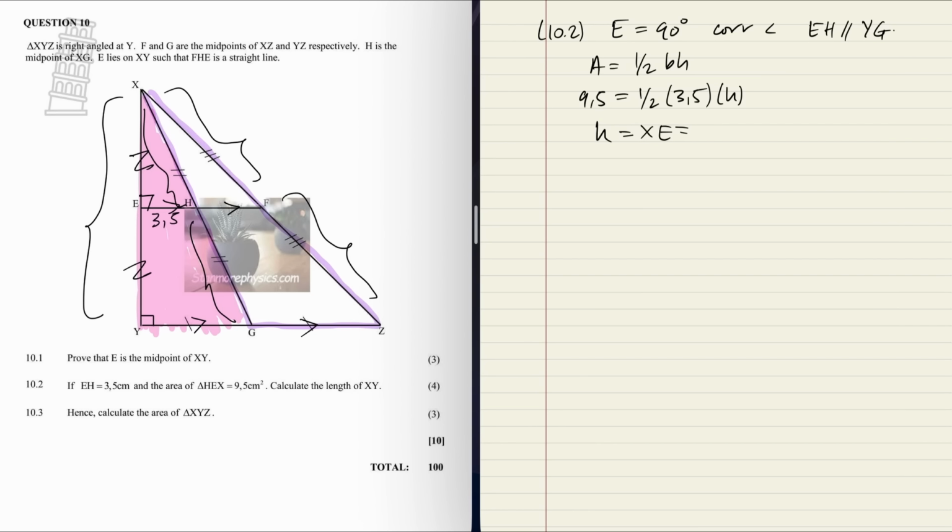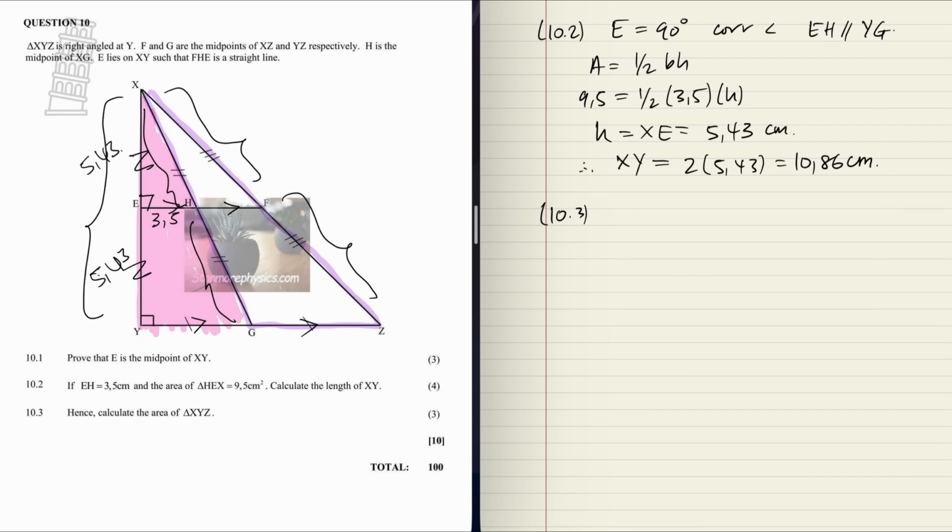So that's going to equal 5.43 centimeters. So if this is 5.43 centimeters, and we already said that E is the midpoint, then this must be 5.43 as well. Therefore, we can say that XY is going to equal 2 times 5.43, which is equal to 10.86 centimeters.